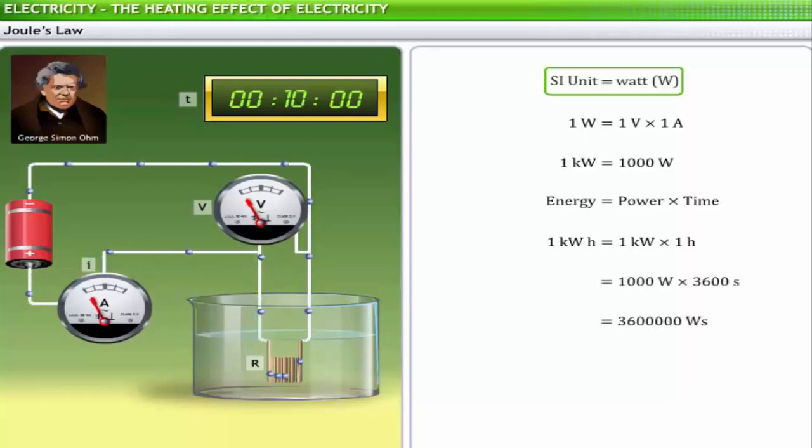Simplifying the expression, 1 kilowatt-hour is equal to 3.6 into 10 to the power 6 watt-seconds. As 1 joule equals 1 watt-second, 1 kilowatt-hour equals 3.6 into 10 to the power 6 joule.